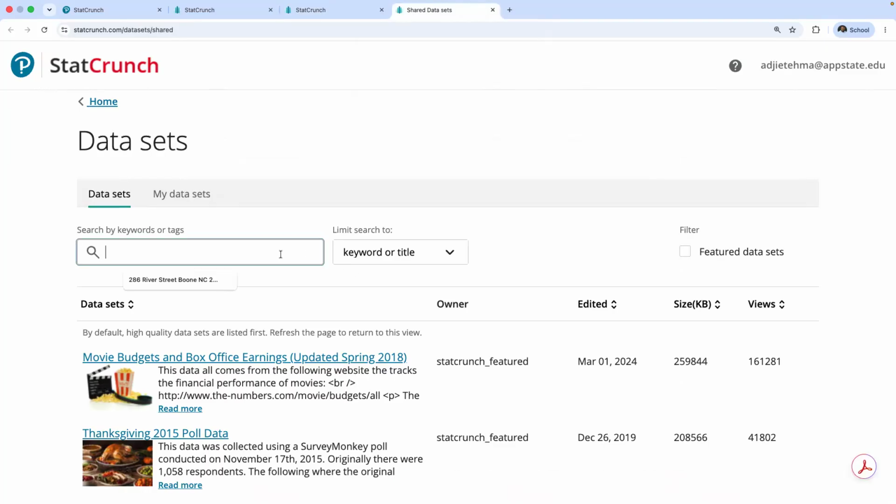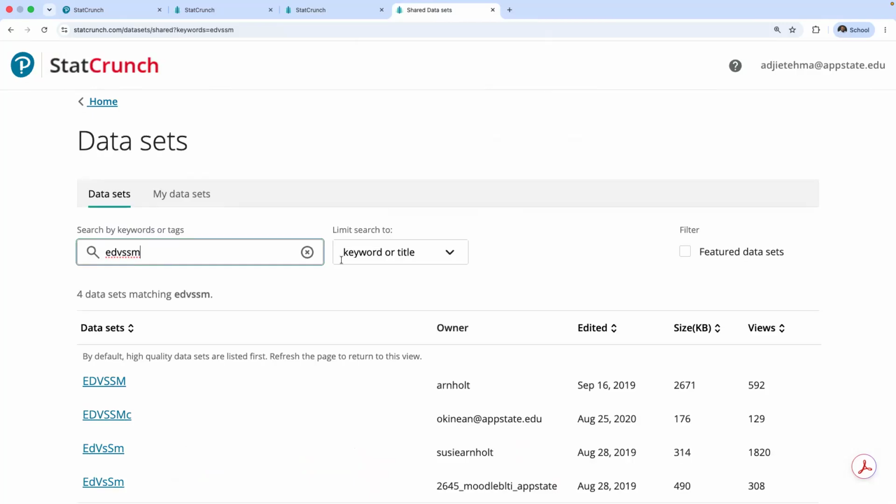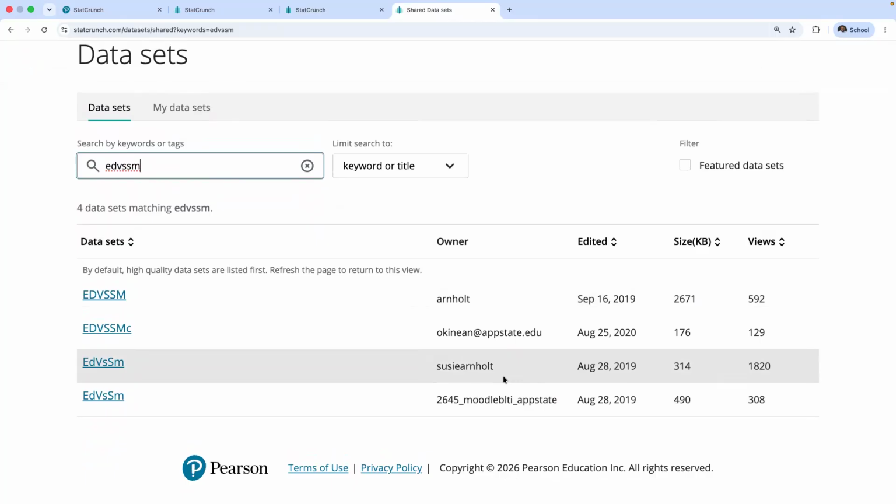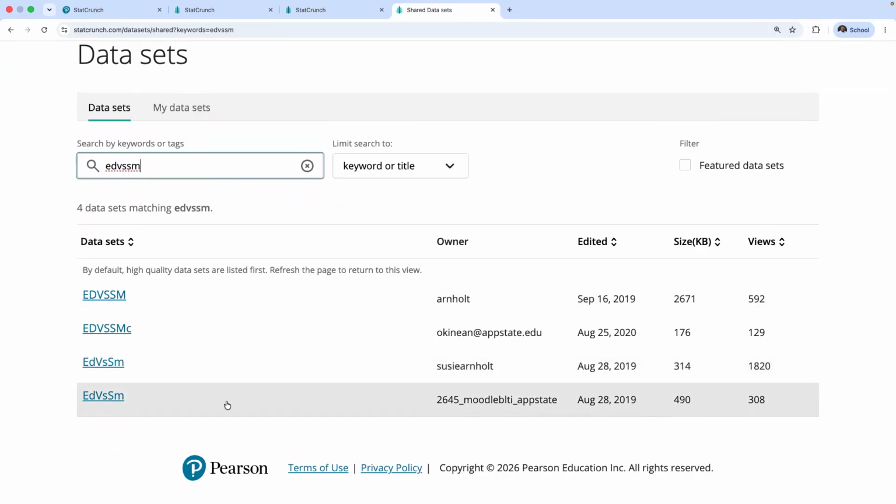And then let's try to type in PD versus SM, and let's see. I think let's use this one.